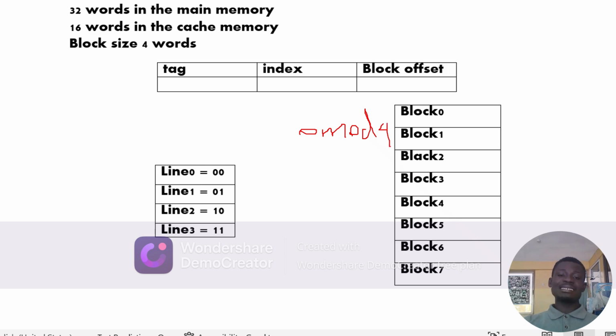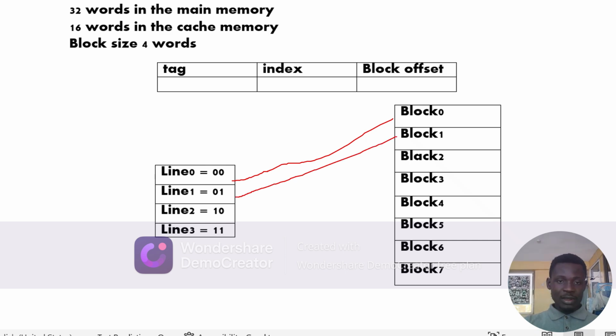So it means this one will map to this one, and this one will map to this one, and this one will map to this one, and this one will map to this one. So for the 4 blocks, we will do the same thing using modulo.